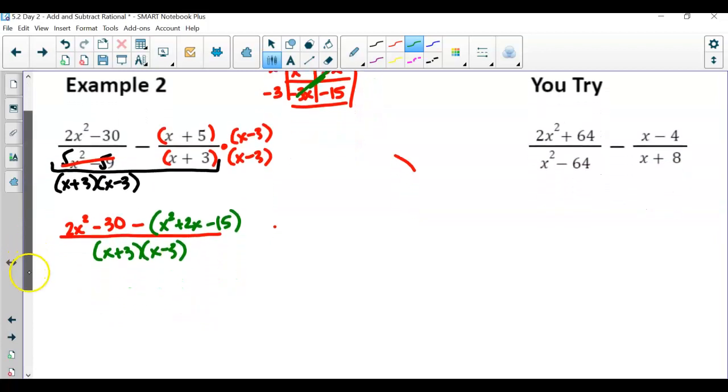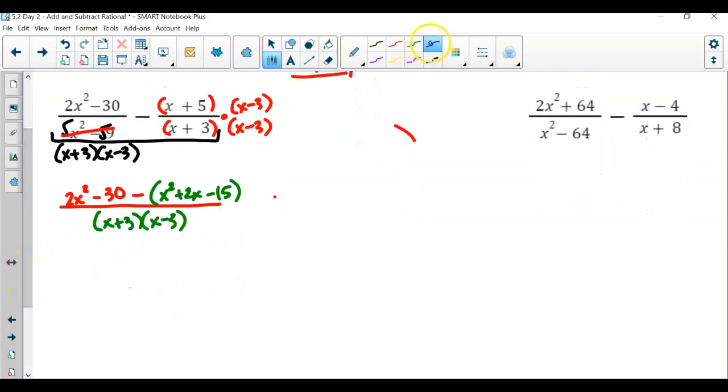But before I can start simplifying and combining like terms, make sure, because we have subtraction, I need to distribute that negative, or negative 1, here. So really, we're going to be combining 2x squared minus 30 minus x squared minus 2x, and not minus 15 anymore, but plus 15.